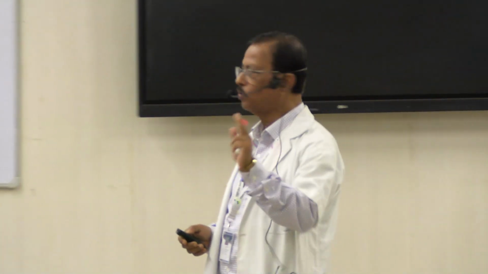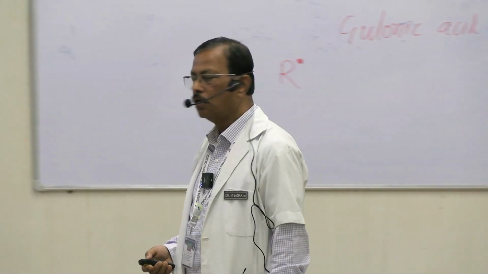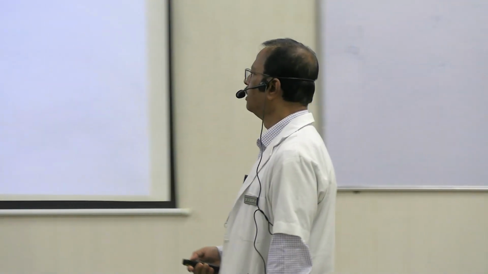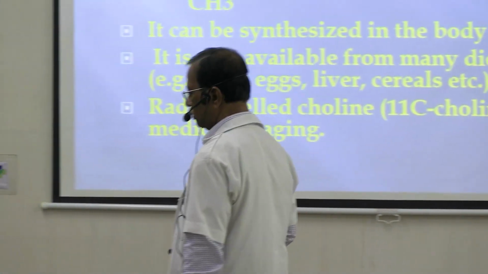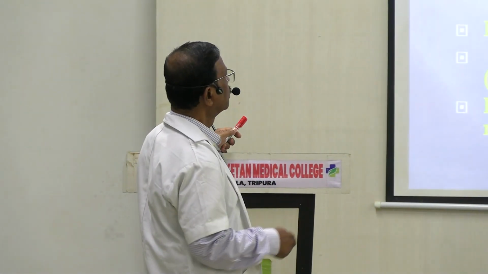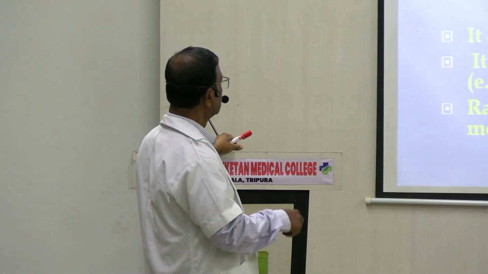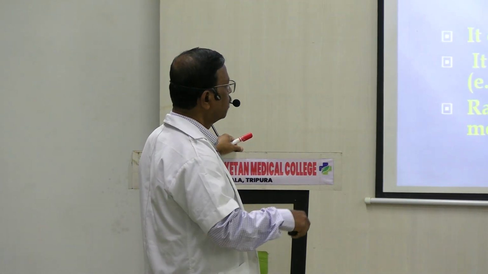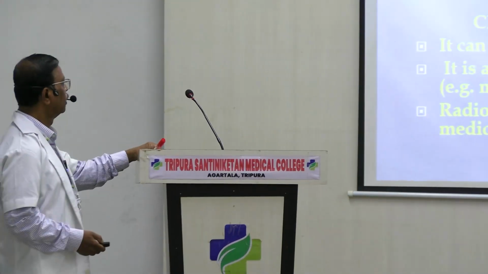Sometimes they put a short note. Okay. These are choline, inositol, lipoic acid, PABA, and bioflavonoids. So choline is trimethyl hydroxyethanolamine. This is the structure. It can be synthesized in the body from serine.